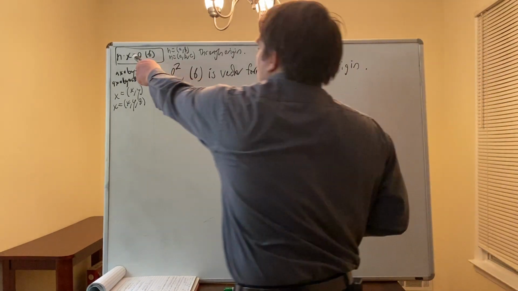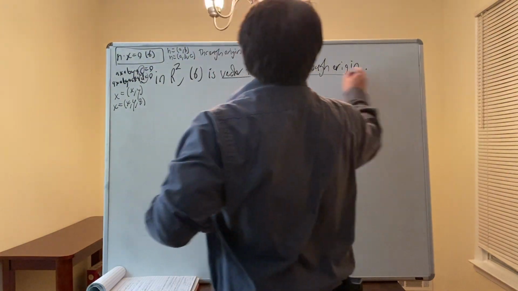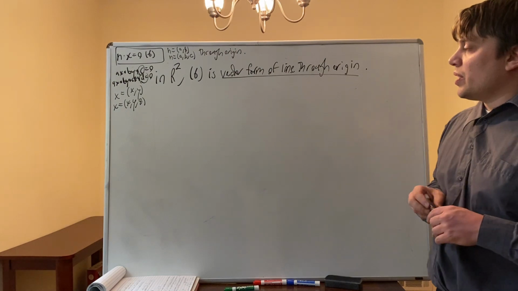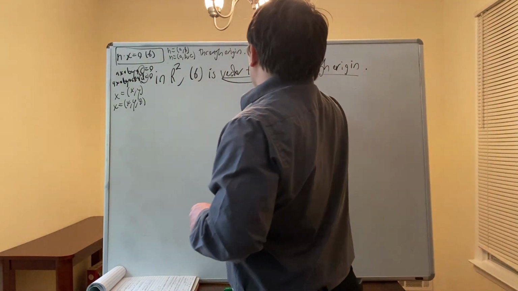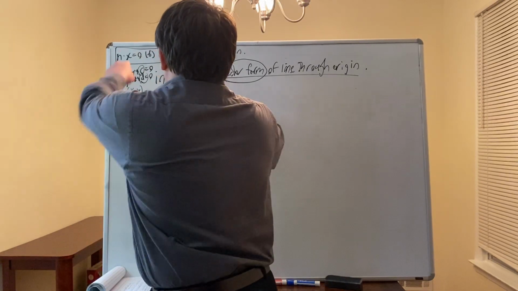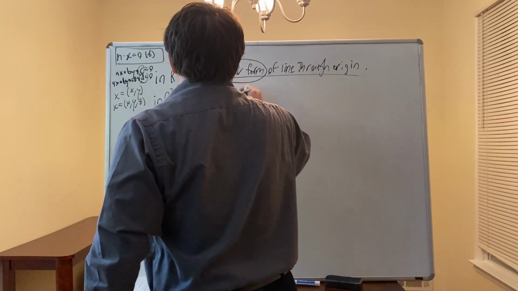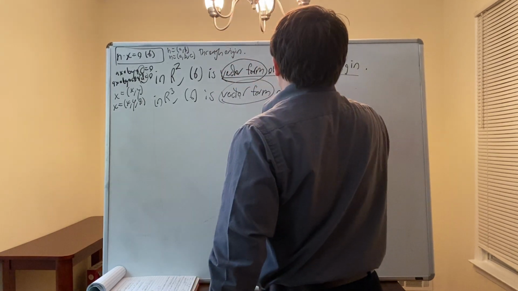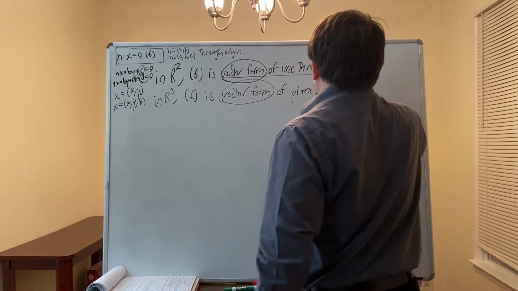So that equation is a vector form of a line through the origin. And so it's a way to express a line through the origin. It's called a vector form. Okay. In R3, that equation 6 is the vector form of a plane through the origin.